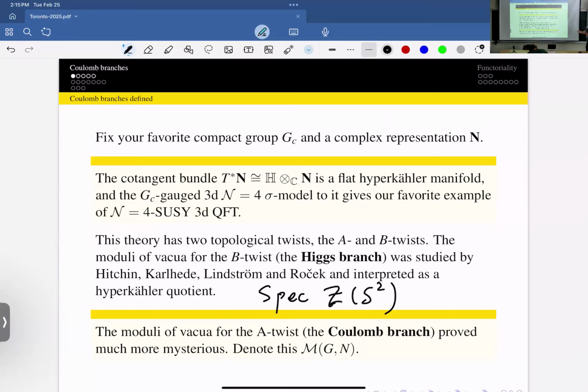If I have a 3D TQFT, the Hilbert space I assign to a two-sphere is a commutative ring, and I can take its spec. Now, for the kind of topological quantum field theory that most mathematicians like, this would be finite dimensional, and the best I could hope for would be to get a finite set of points.